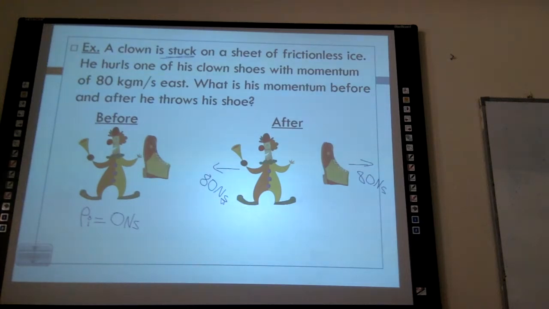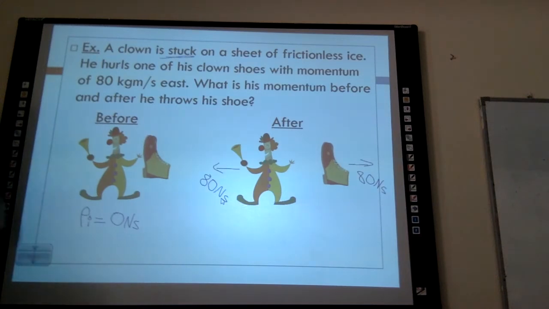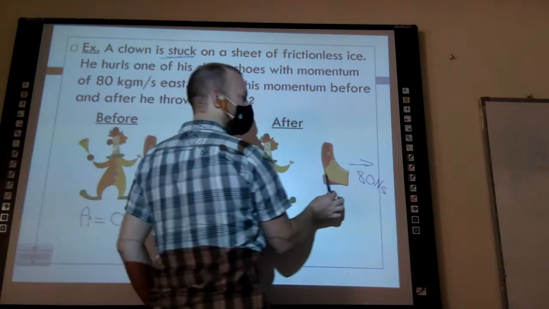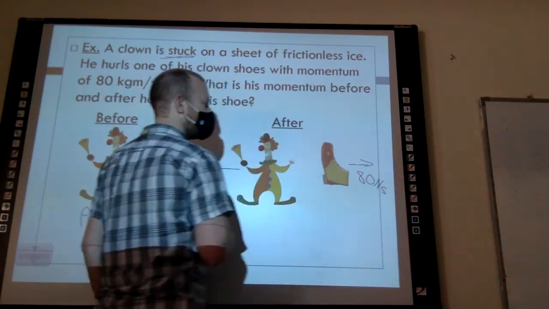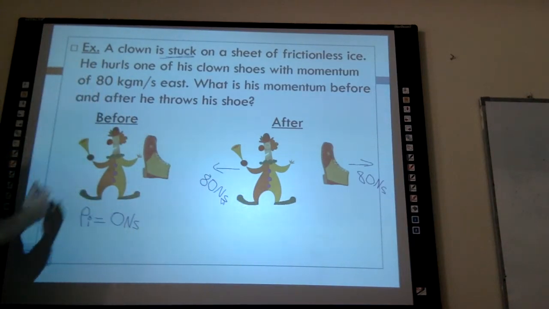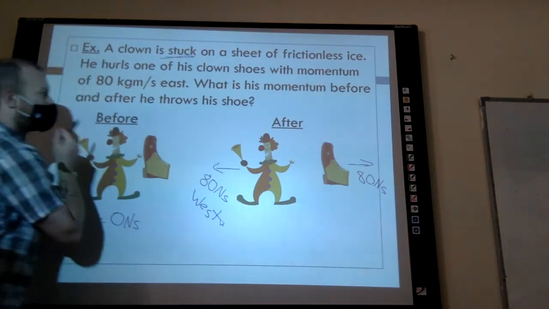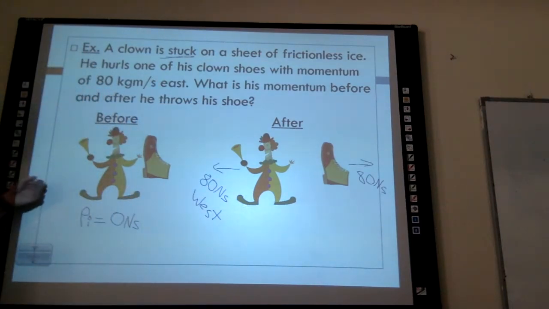So, since they both have an initial momentum of 0, both the shoe and the person, this object is going to have 80 newton seconds going to the right, so therefore his momentum has to be 80 newton seconds west, since you're told direction. So again, equal but opposite. Good with this? Which part doesn't make sense?